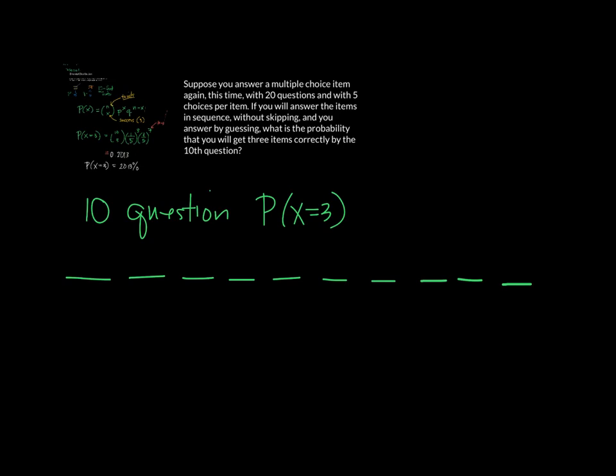For instance, your 3 correct answers could be in the second item, in the fourth, and on the ninth. And then there are also other possibilities or cases in which this can happen. That's why we took the combination 10C3. We can place the 3 correct items anywhere among the 10 questions.